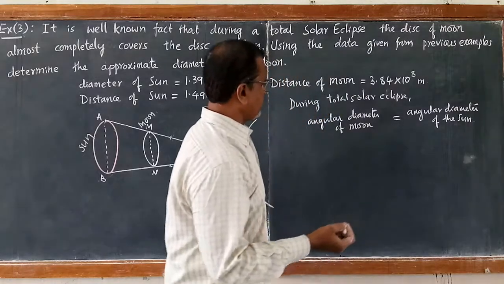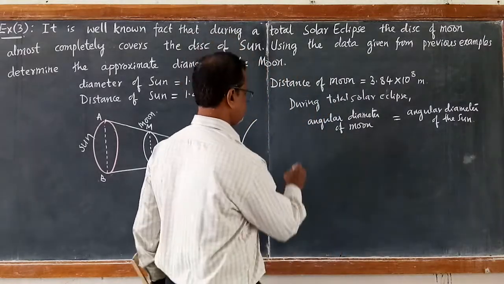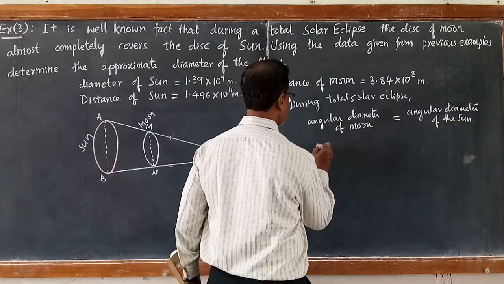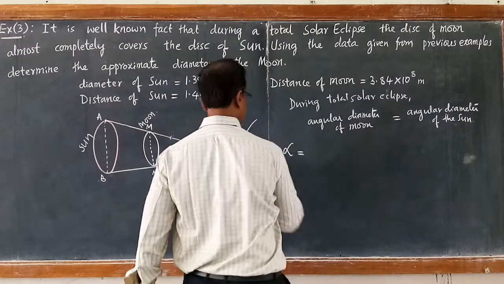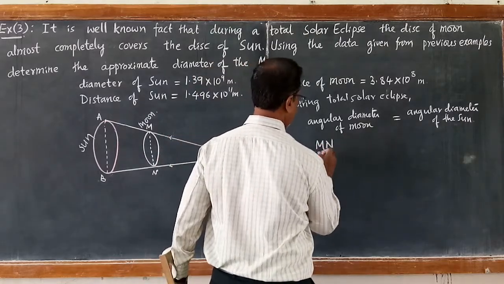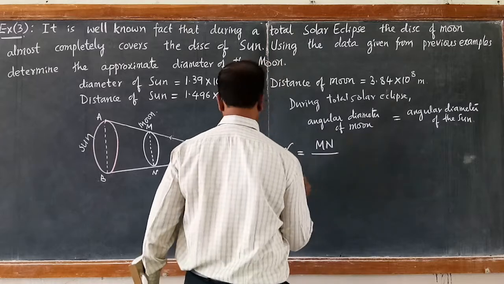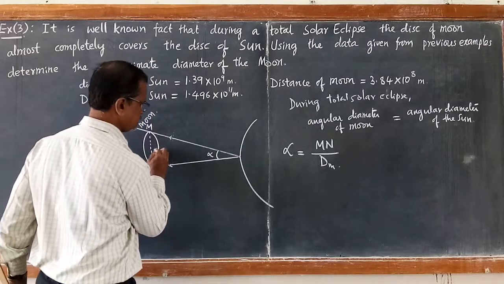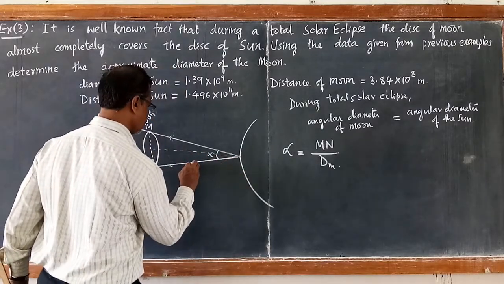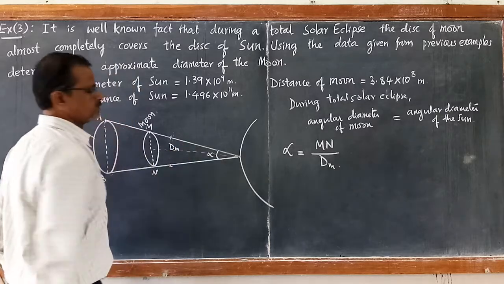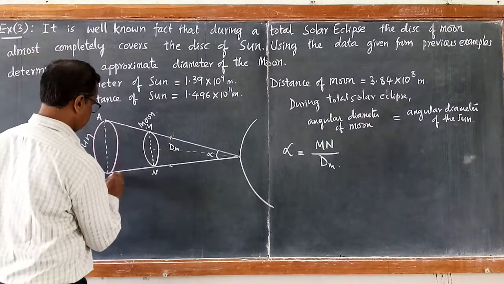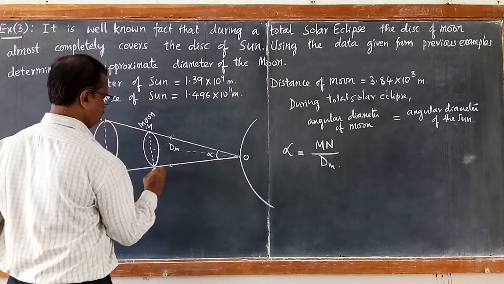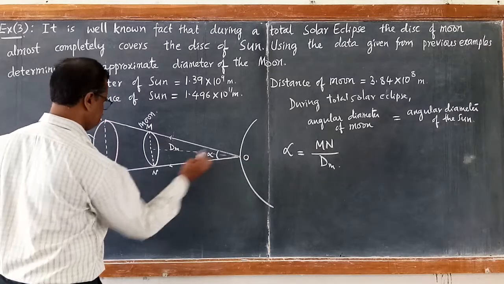So using this condition, I will write the equation for angular diameter of moon. Alpha equal to diameter of moon, MN, divided by distance of moon. Distance of moon I will write as dm. Let us take NO as distance of moon and BO as distance of sun.